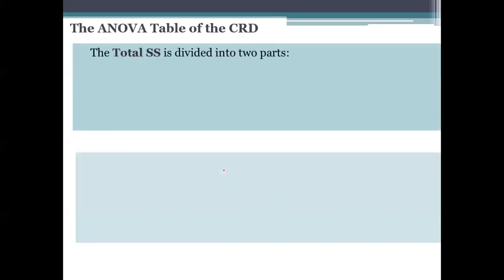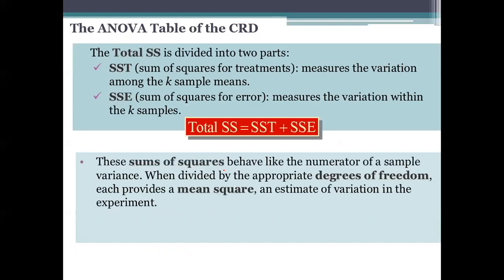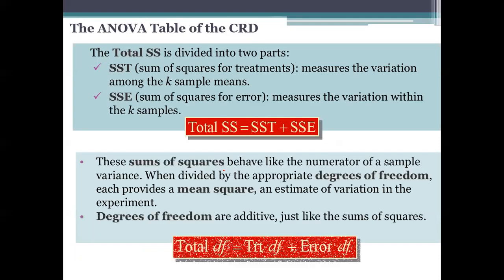So this is the explanation about the ANOVA table of CRD. The total sum of squares is divided into two parts, as I mentioned: the sum of squares of treatment, or SST, and the sum of squares of error, SSE. So to get the total sum of squares, SST plus SSE.